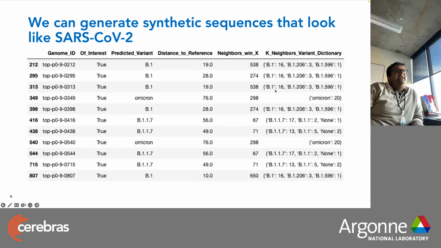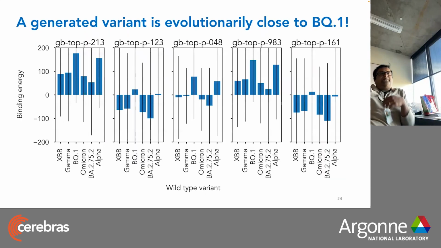On the other hand, you can also see if these variants are close to other things that we have not seen before, which means that maybe these are new variants that we need to be worried about. And that's the portion that helped us make the story, because we could generate these synthetic sequences that look like SARS-CoV-2, but they also had the same number of open reading frames, and the same quality control that we could perform and look at them in terms of their similarity to other sequences.